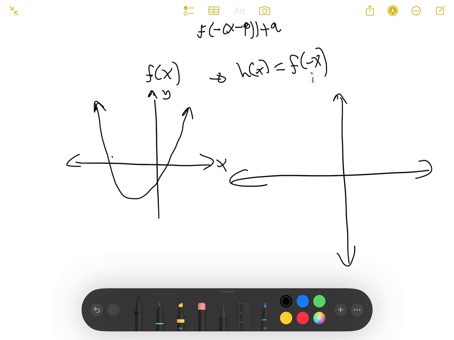So here we have 3, therefore we have negative 3. Here we're going to have positive 3. Where we have 1, we're going to have negative 1. So this graph looks something like this.